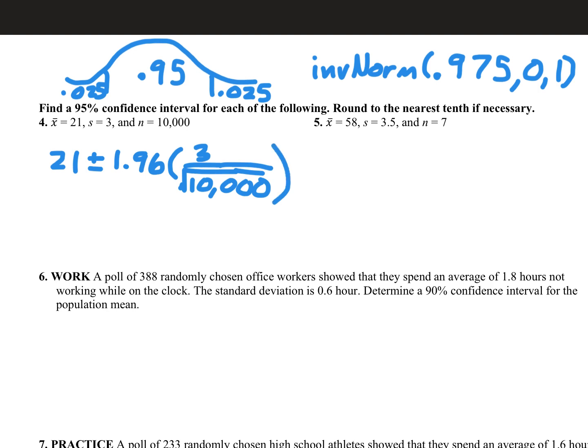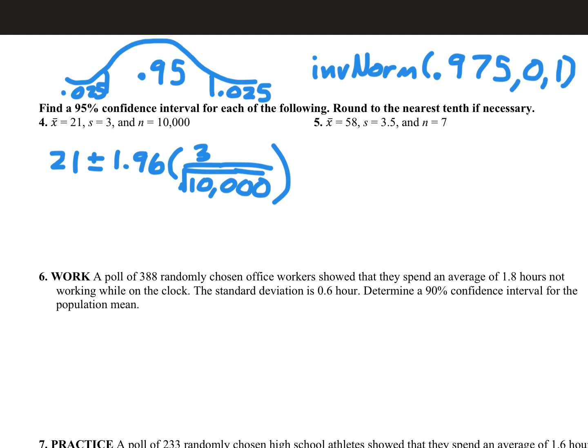So 3 is the standard deviation for the whole population. 3 divided by radical 10,000, that's the standard deviation if we were looking at a bunch of groups of size 10,000.